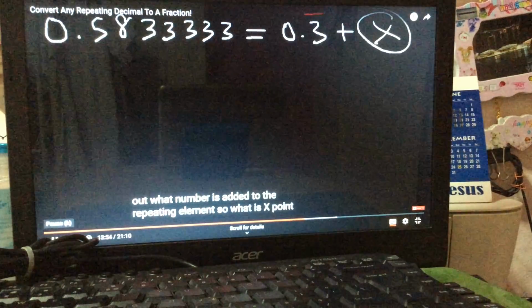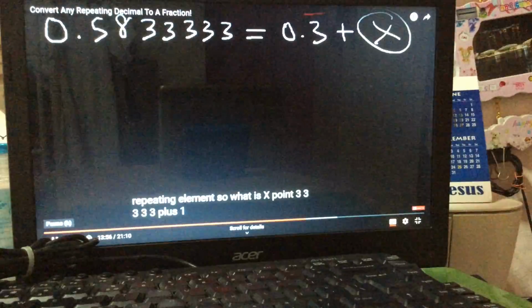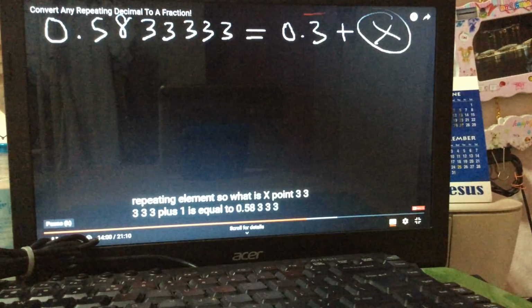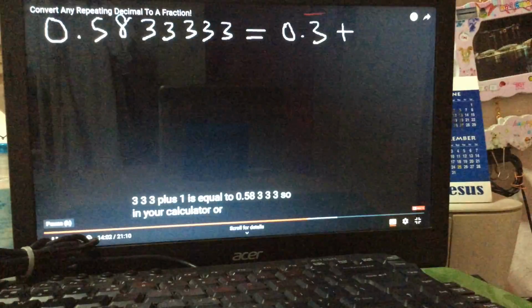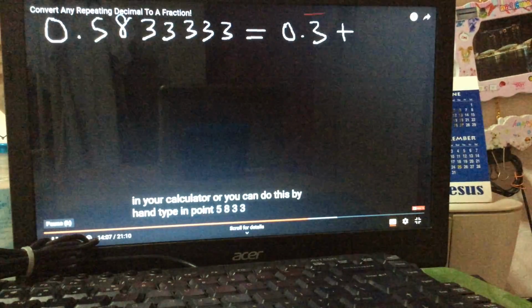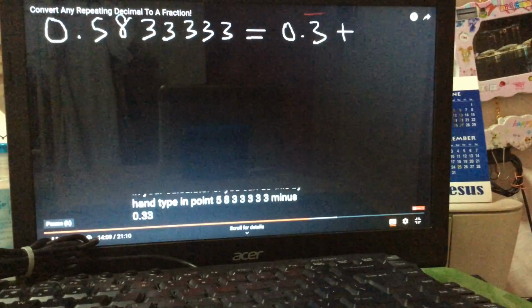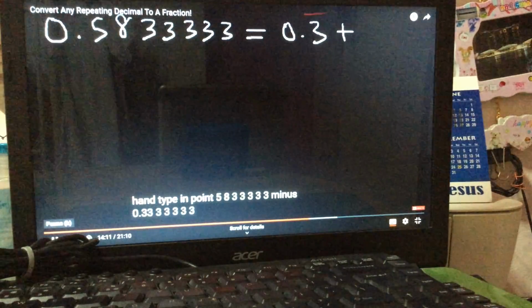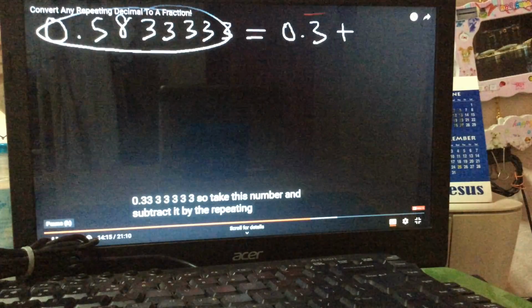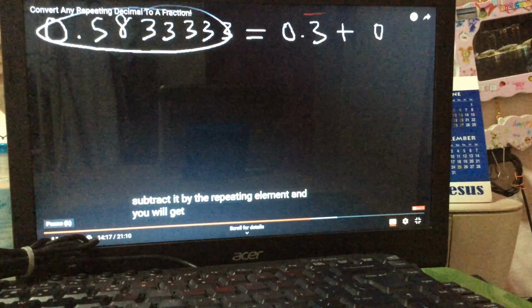So what is x? 0.33333 plus x is equal to 0.58333. So in your calculator, or you can do this by hand, type in 0.5833333 minus 0.33333. So take this number and subtract it by the repeating element, and you will get 0.25.